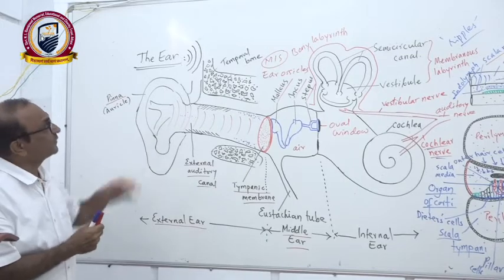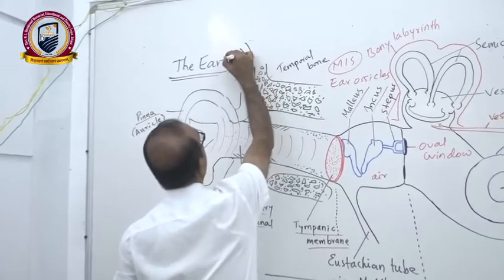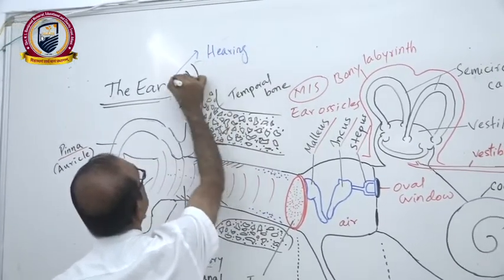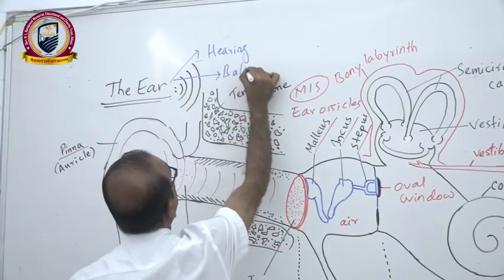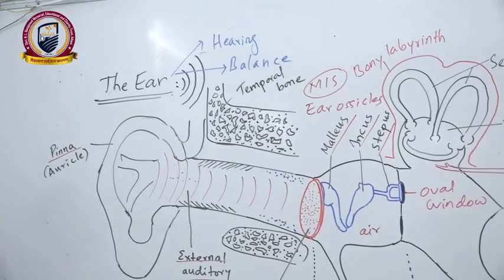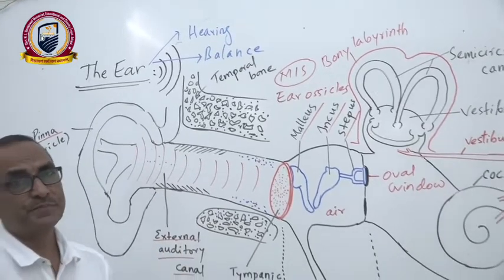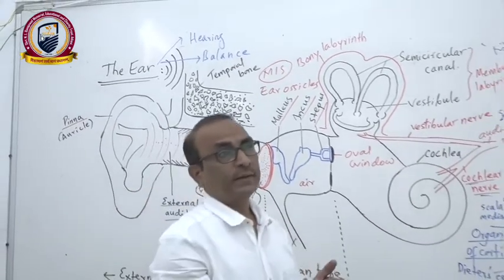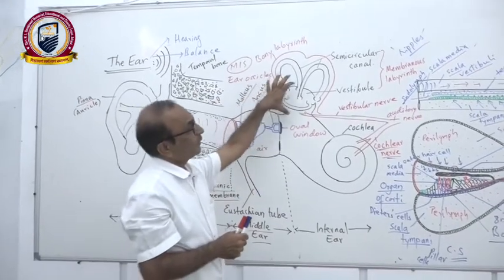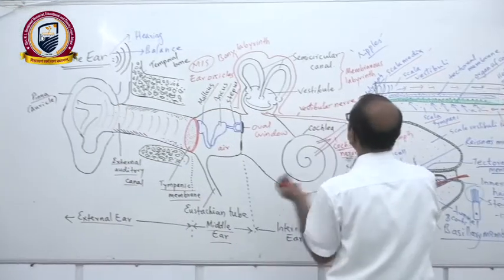Now that is one part of the ear, because the ear as such is the organ of both hearing and balance. Especially the tilting movements of our head and the axis of the body are detected by the balancing organ called the membranous labyrinth.